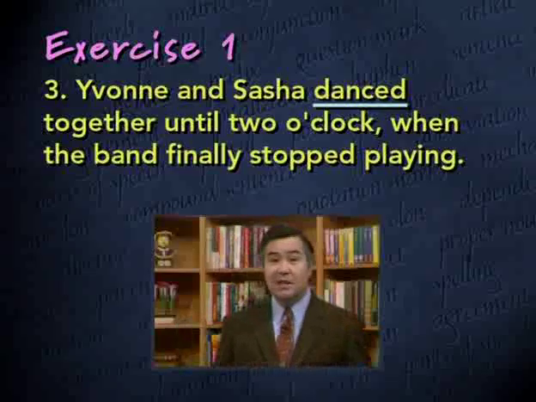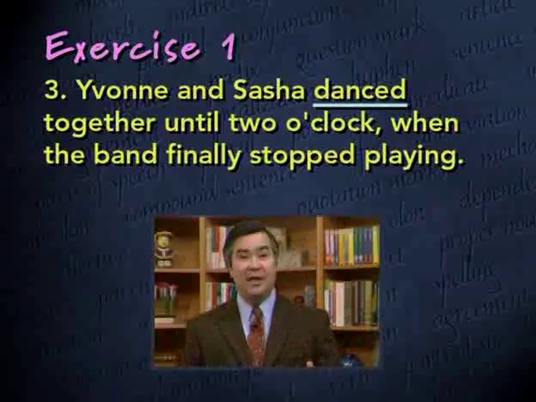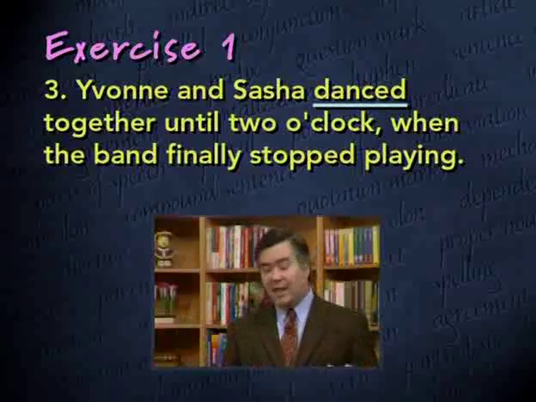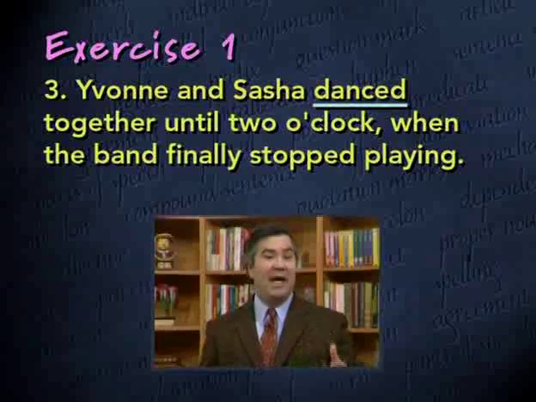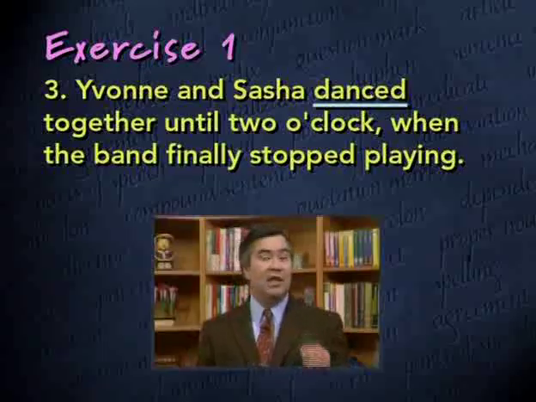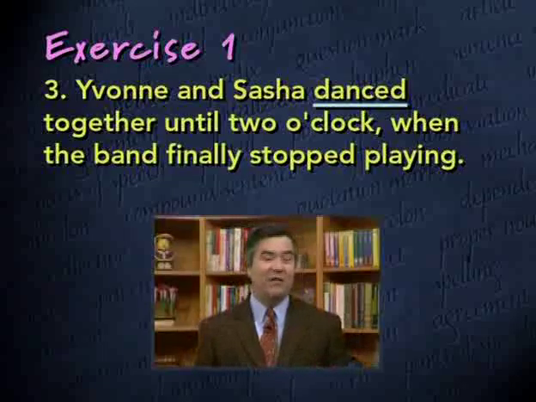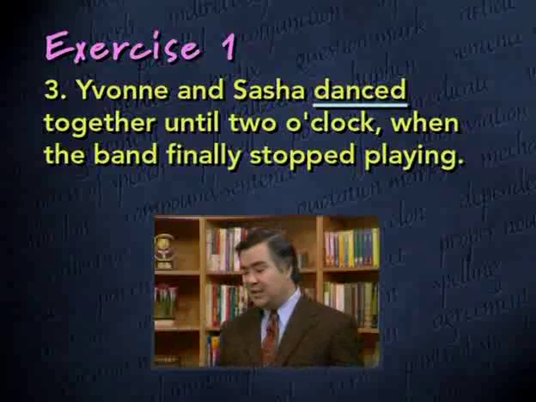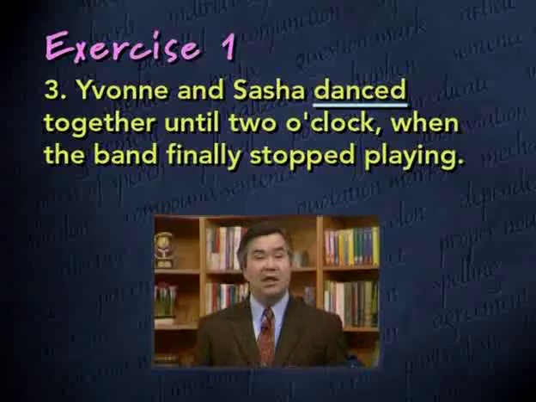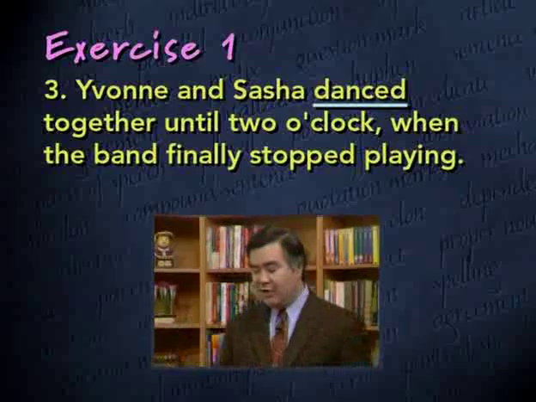Not in this sentence. We're being told that they danced together. That tells us how they danced. And we're being told that they danced together until 2 o'clock, which is a little more information about how they danced. The word together is an adverb because it gives more information about or modifies the verb danced. It tells us how they danced. And until 2 o'clock is a prepositional phrase that also gives us more information about how they danced.